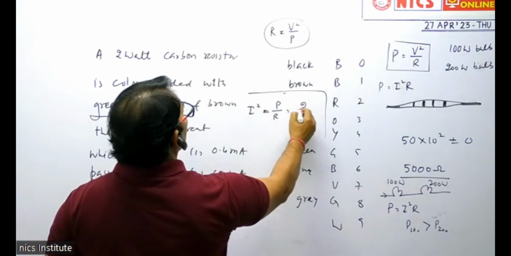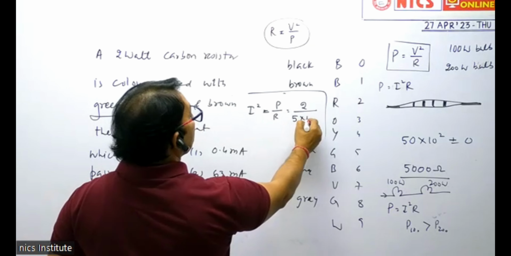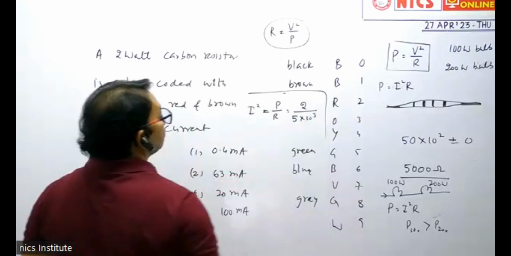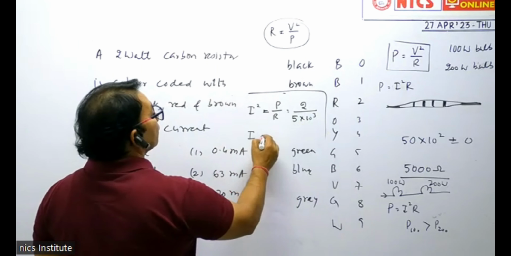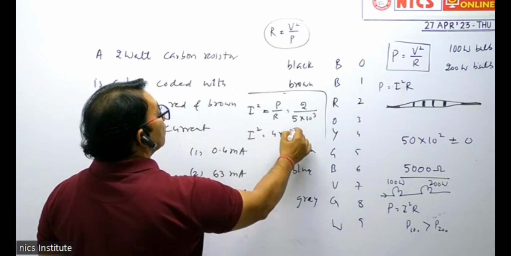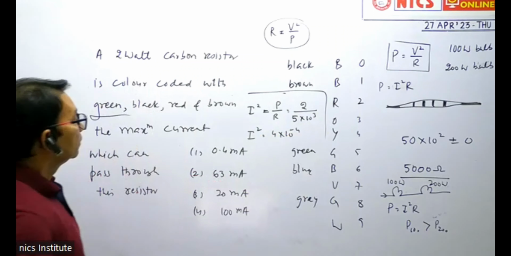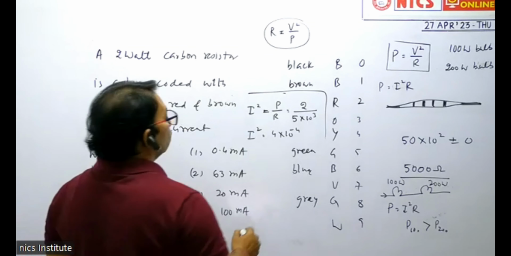P is 2 watt, R is 5 into 10 to the power 3. Multiply by 2 and divide by 2, I squared will be 4 into 10 to the power minus 4. So what will be I?